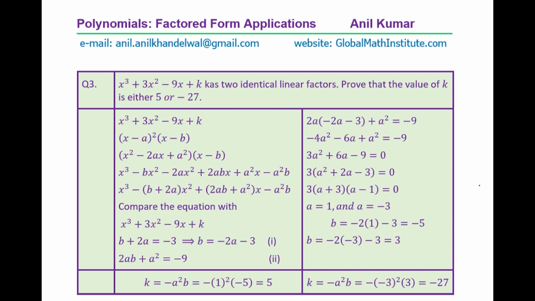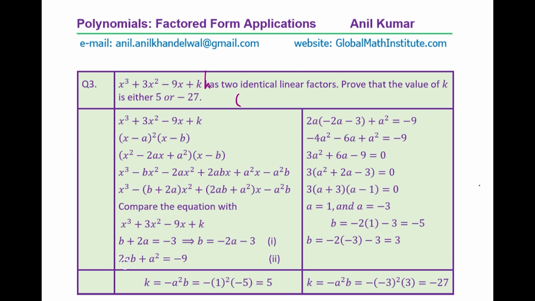So basically what we have done is that since we are given that it has two identical roots, we wrote the function as a product of (x minus a) whole square and (x minus b). Expand it. Once you expand, then you can equate the terms, that is, compare the equations. So when you compare, you get b plus 2a equals minus 3, or b equals minus 2a minus 3.